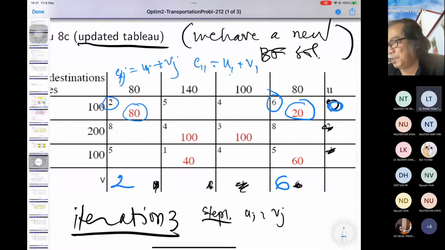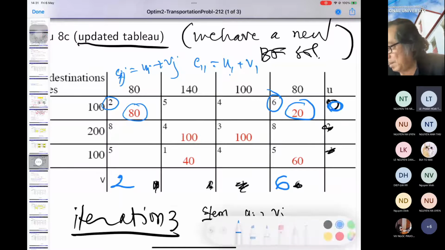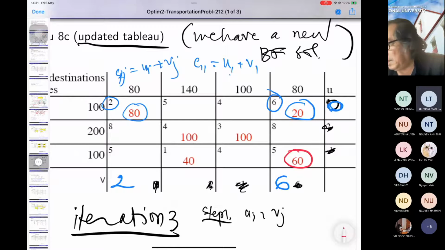Then what cell should we go to? Cell 3, 4. We should come to this. 3, 4, and that is 5. 5 equals 6 plus what? Minus 1.